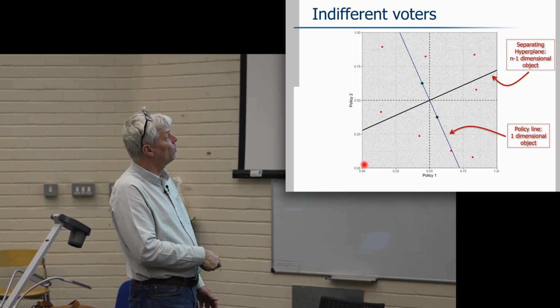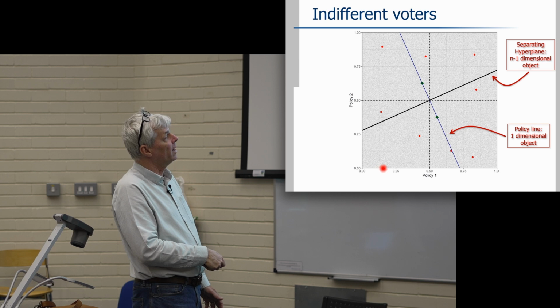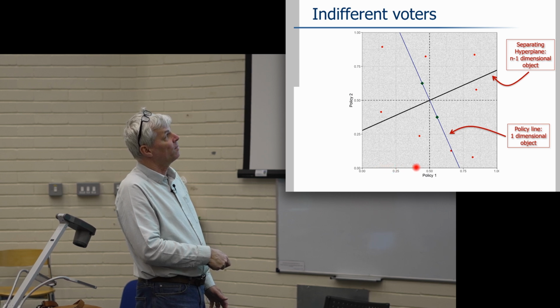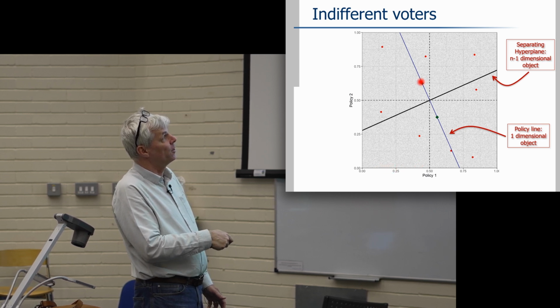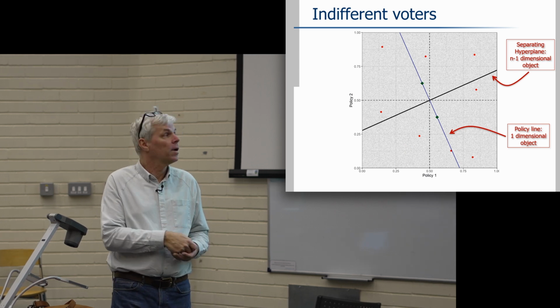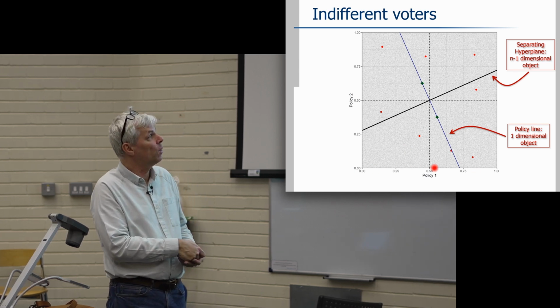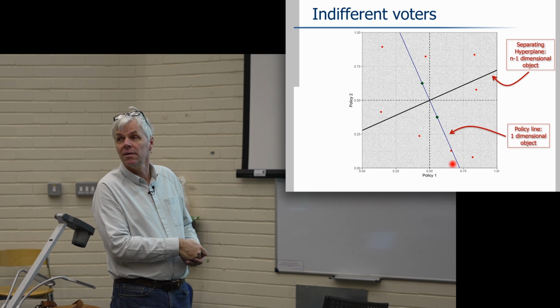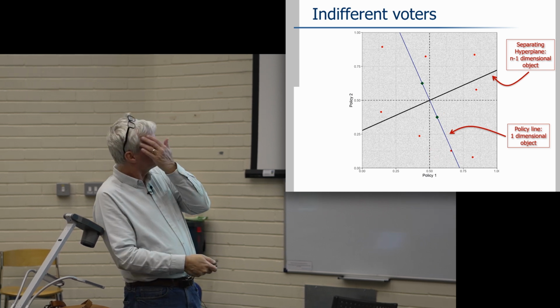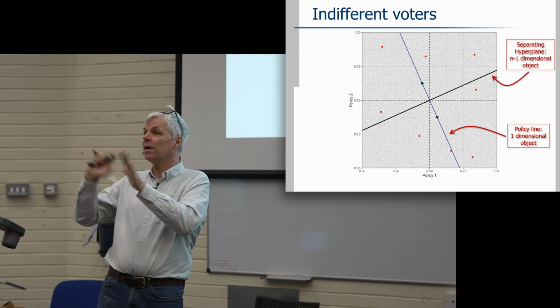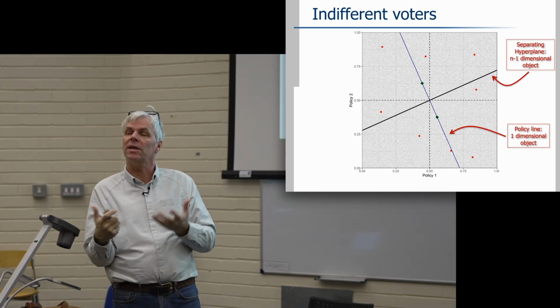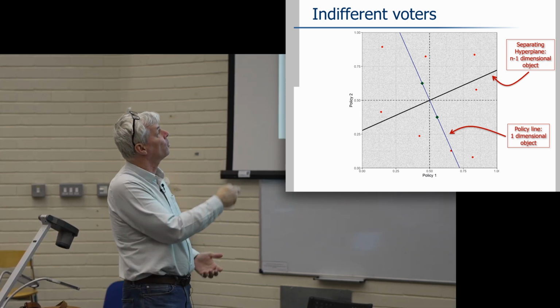Suppose I'm here, way over here. I would just go to the right on policy one, and the first guy I got to, which would be here, that would be the guy I would vote for. And I would have to go farther on policy one to get to the other guy. Okay. And if I'm just looking at policy two, which of course I'm not, I'm going to put them together, but if I'm just looking at policy two, I would look at it vertically.